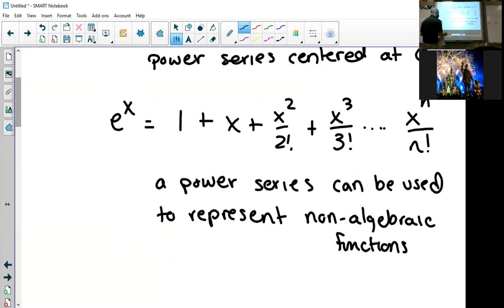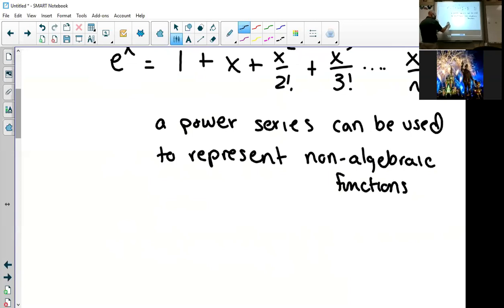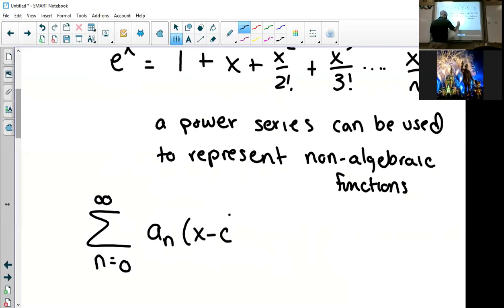Now, we can move the center left and right based on how we write our power series. It all has to do with that x that was raised to a power. So if we have a sub n times x minus c to the nth power, this would be centered at c, wherever it's moved left or right.